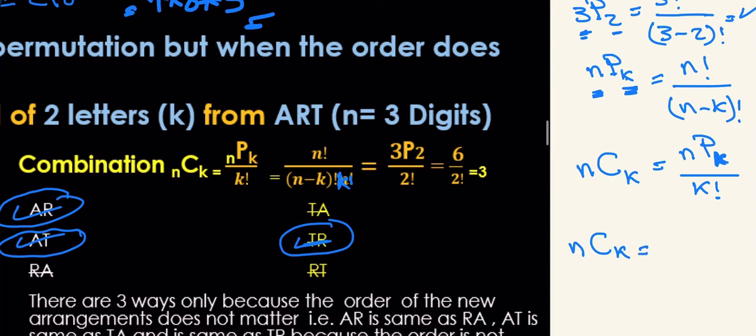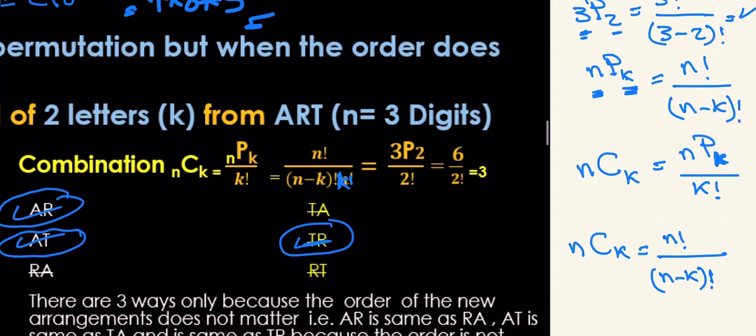It was n factorial divided by n minus k factorial. This was the permutation.